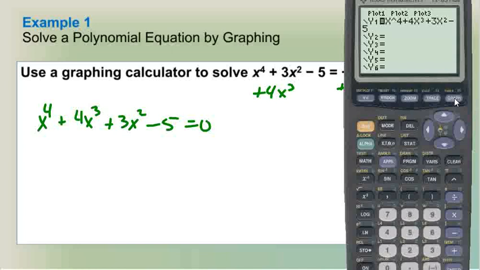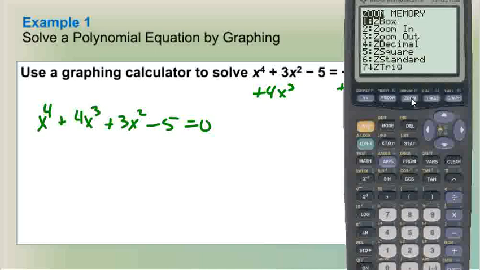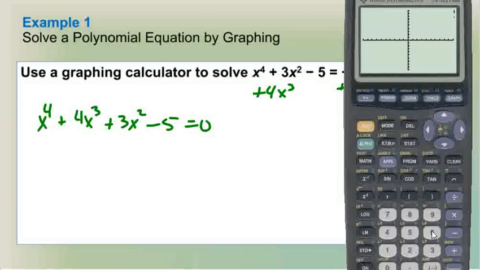Then I'm going to hit graph. I'm going to have to change my zoom to standard. So you can see that it crosses in two places, one here and one here.